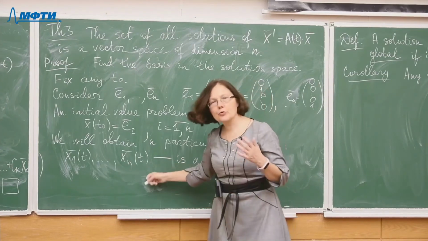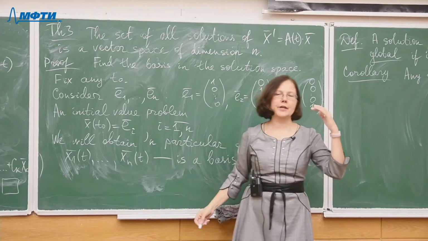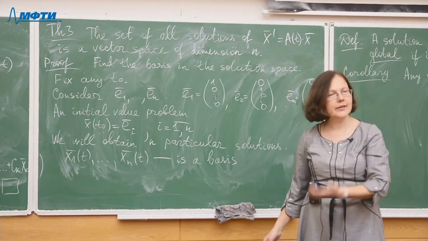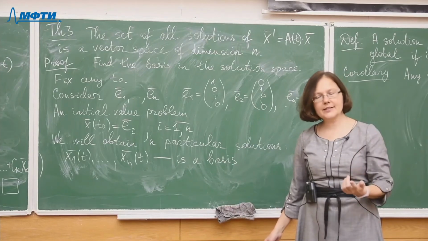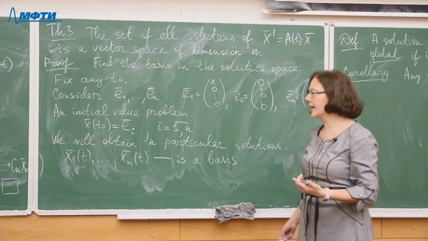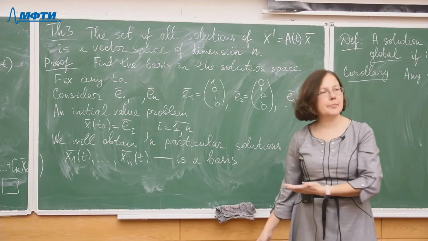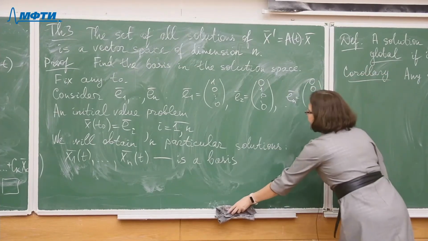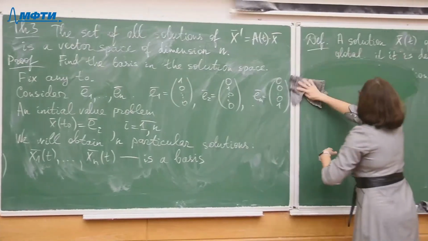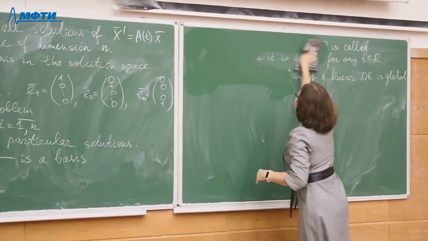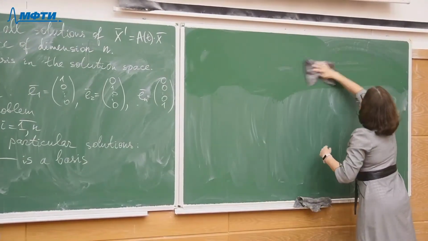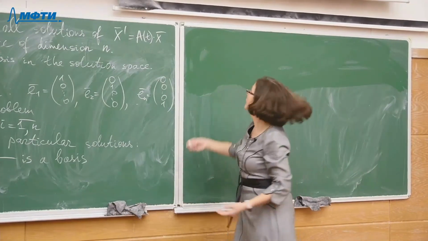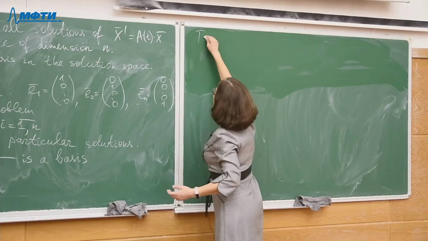To prove this, I'd like to show first that any solution can be represented as their linear combination, and next that they are linearly independent. So how do we show that any solution can be represented as this linear combination? Take any solution of the initial value problem.